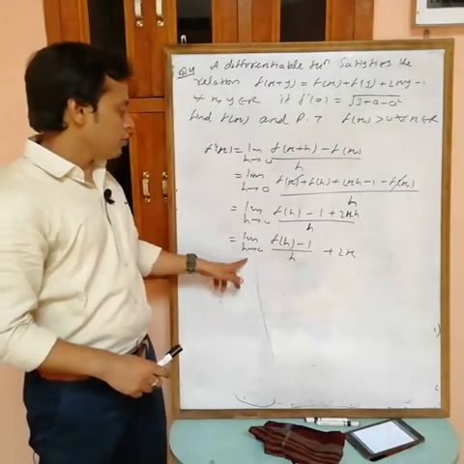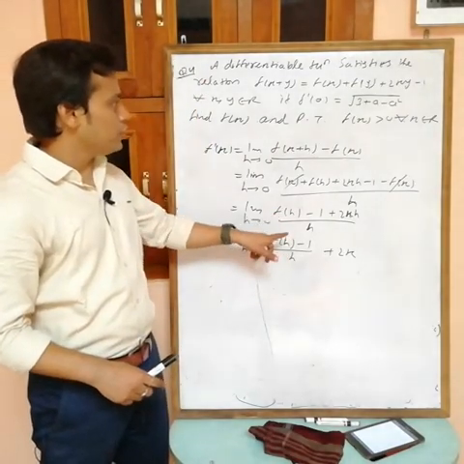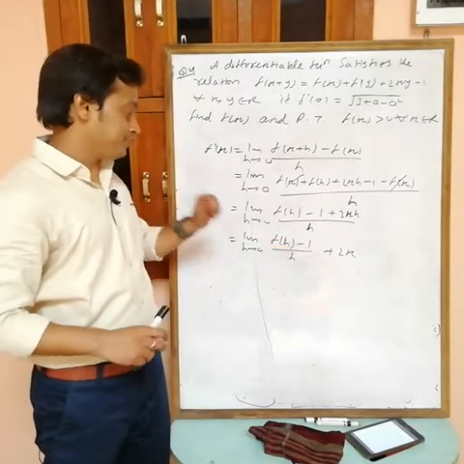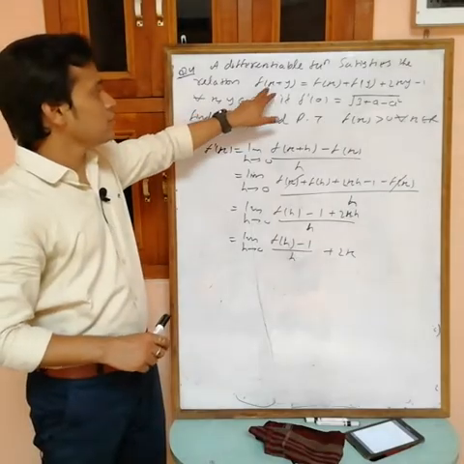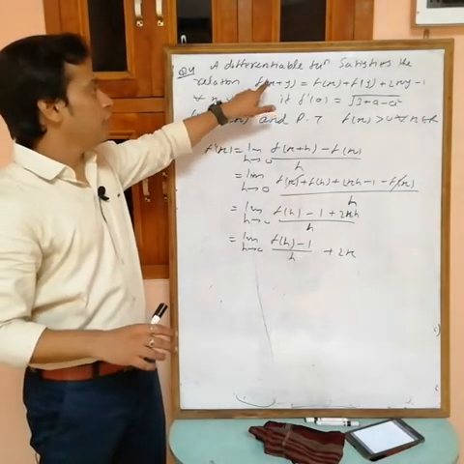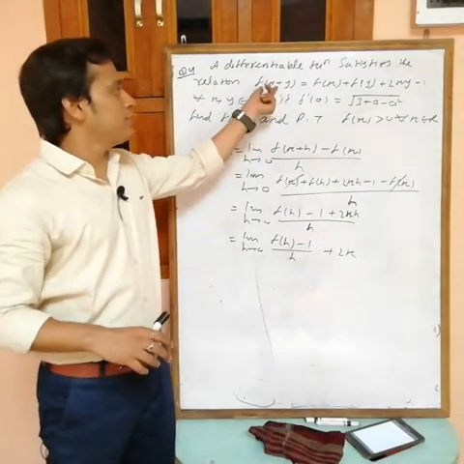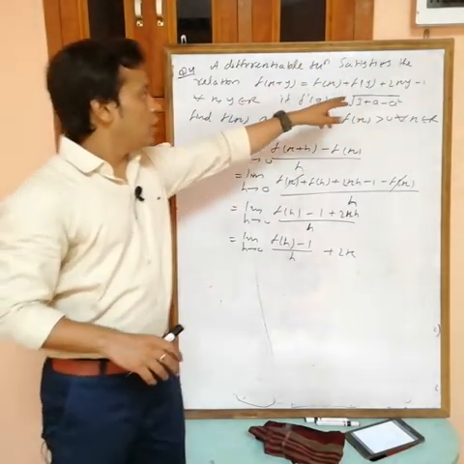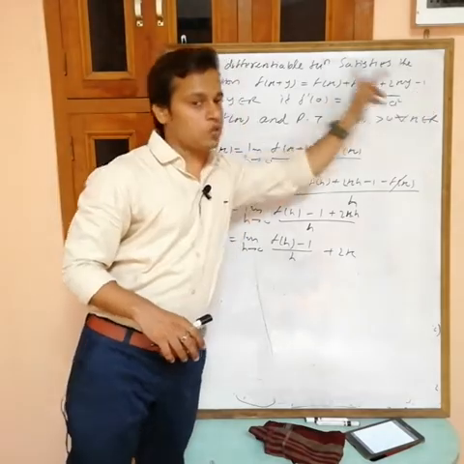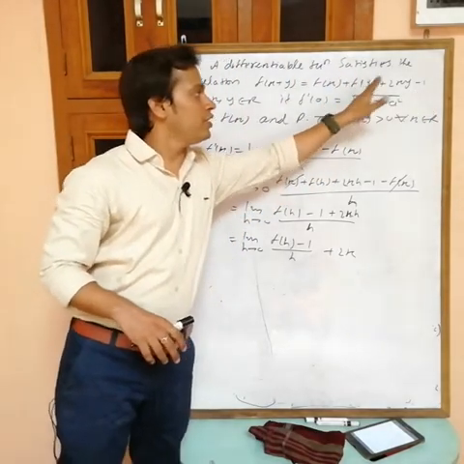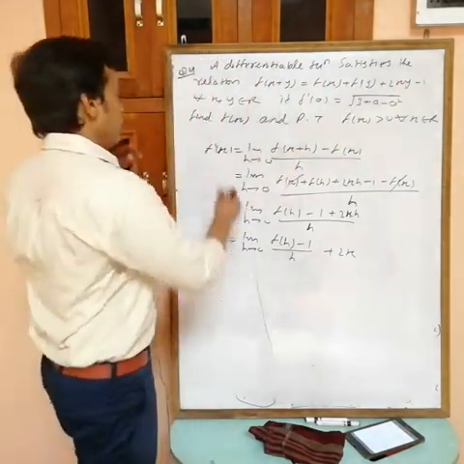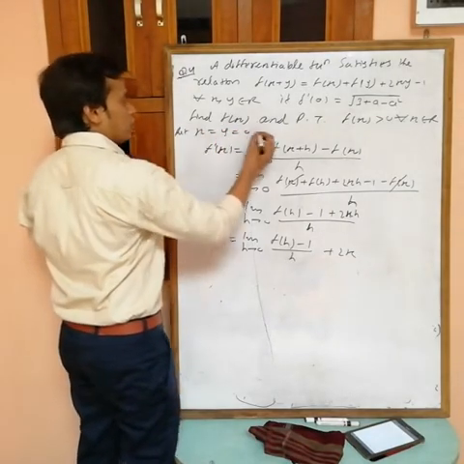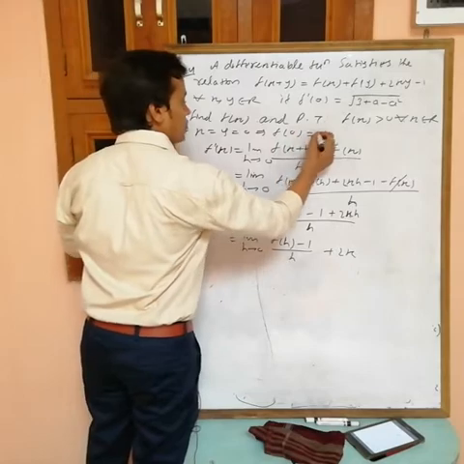If you put x and y both equal to 0, what you are getting is f(0) equals f(0) plus f(0) plus 0 minus 1. One f(0) cancels out, so we get f(0) equals 1.